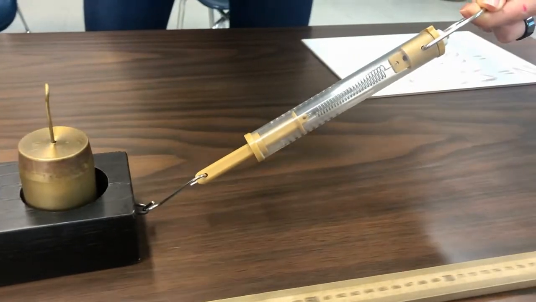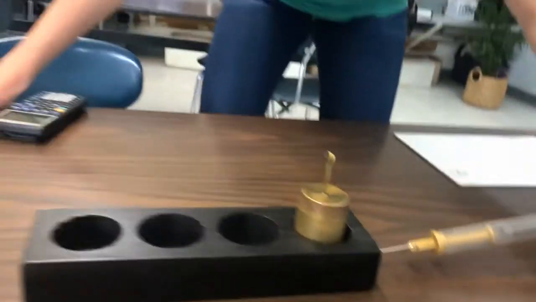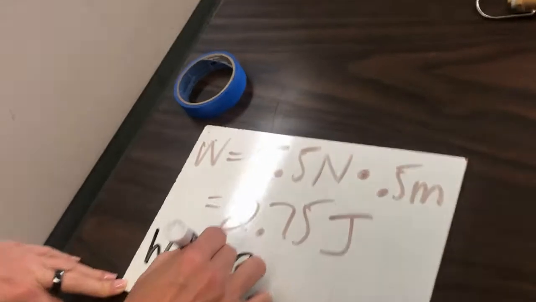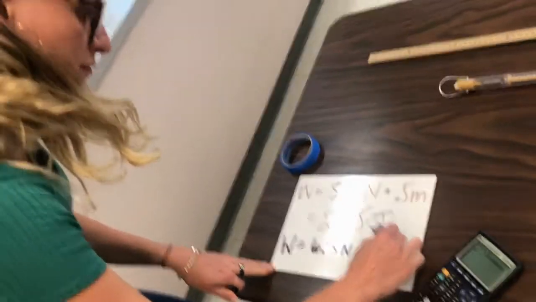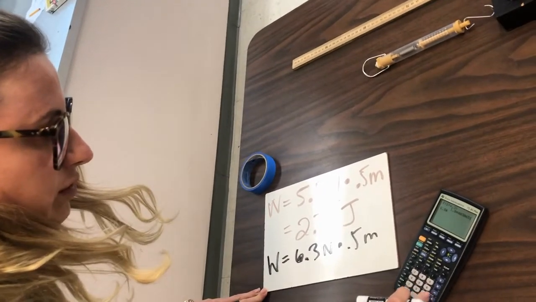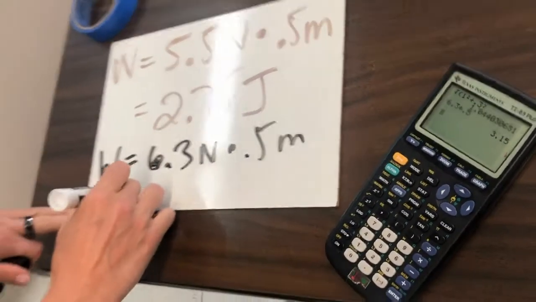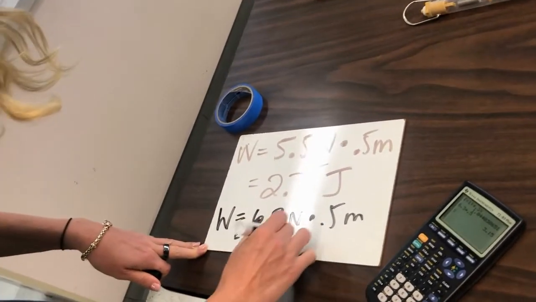It was like 6.3. So now work equals 6.3 newtons times 0.5 meters. 6.3 times 0.5, and I get 3.15 joules.